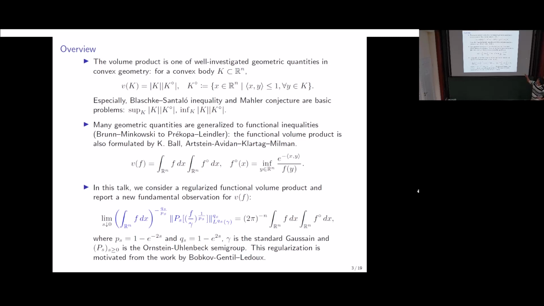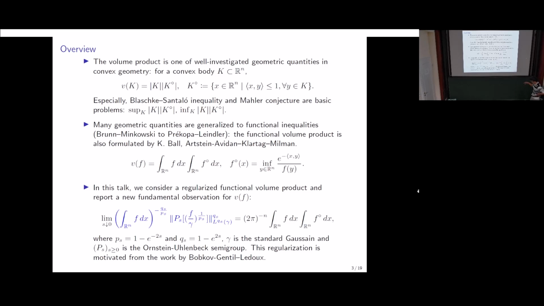The main ingredient of interest is the volume product, which is the product of the volume of a convex body and its polar body. About that quantity, the basic problem is known as the Blaschke-Santaló inequality or the Mahler conjecture.